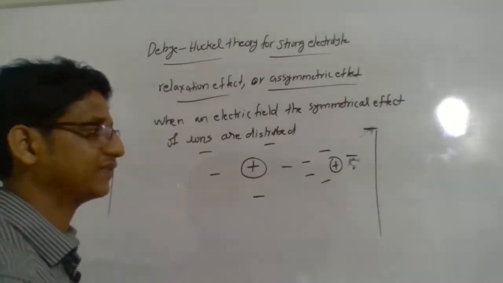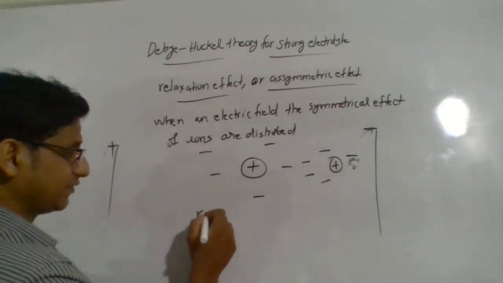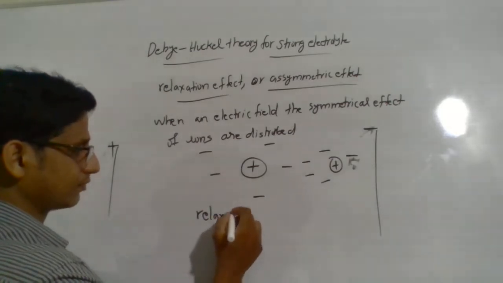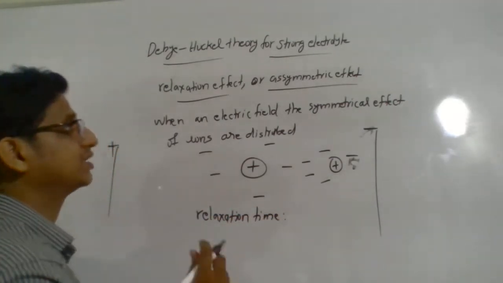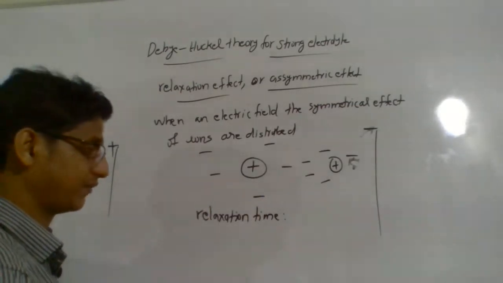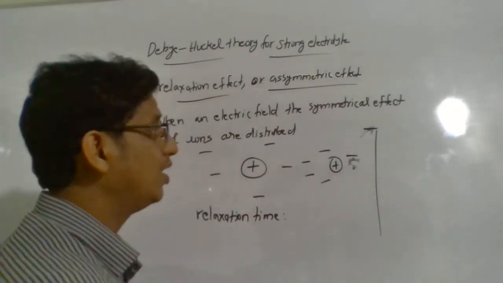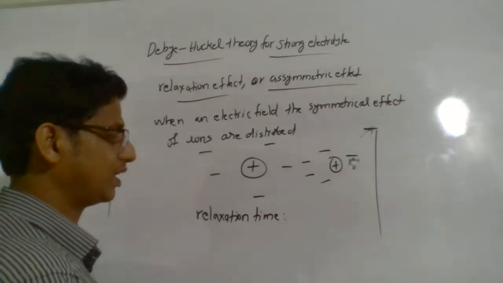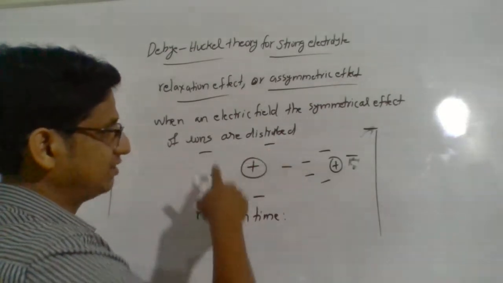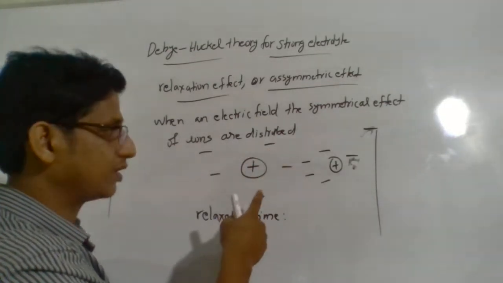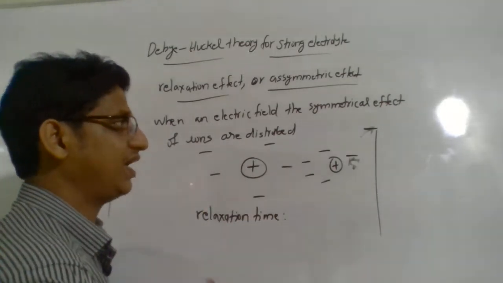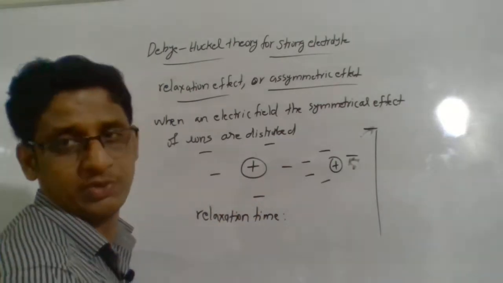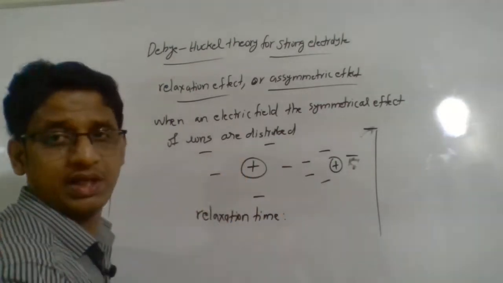What does this relaxation effect mean? Let us discuss relaxation time here. Relaxation effect is also called asymmetric effect, but relaxation time means that once an electric field is applied, the symmetry is lost. Once the symmetry is gone, it always takes time to rebuild the symmetric atmosphere.